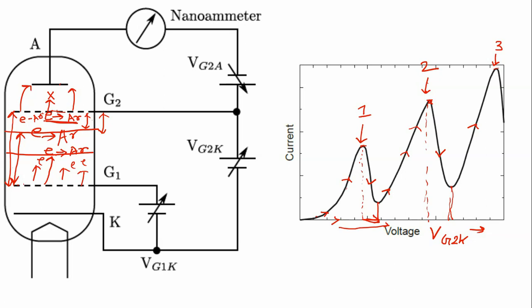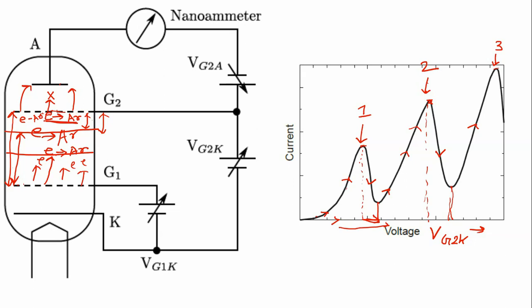So you can understand that the number of peaks means the number of times inelastic scattering takes place.